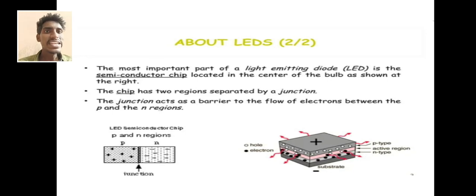The junction acts as a barrier to the flow of electrons between the p and n type regions. It means the junction is concerned with the flow of electrons with respect to n type and p type semiconductors.